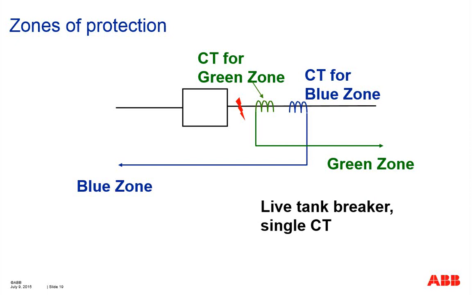So we have to figure out a way to force the green zone to open. In this case, if you can tolerate certain delays, then you can rely on the breaker failure protection to open the green zone breakers sequentially with time delay.